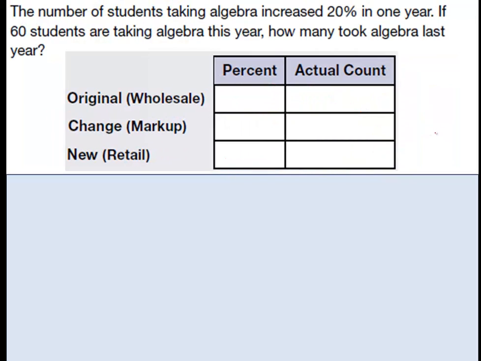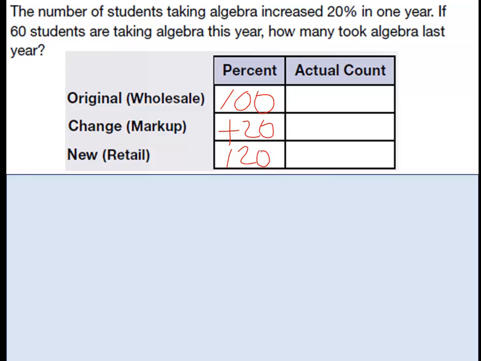All right, let's try another one. Pause it, see if you can do it. Hopefully you can work all the way through these and you're not having to get help. The number of students taking algebra increased 20% in 1 year. So I can put in my 100. I do plus 20, and now I have 120 of my original amount.